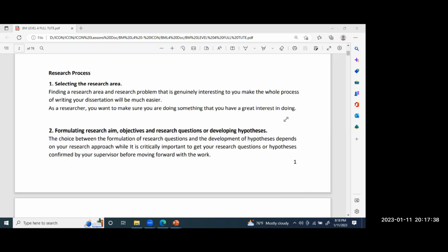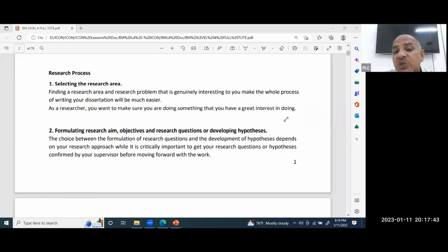In order to identify the objectives, first you should have some research questions. From the research questions and the objectives, you can develop your hypothesis. The formulation of research objectives, hypotheses, and questions I will explain to you practically in detail in a while. Let me go to the next one.